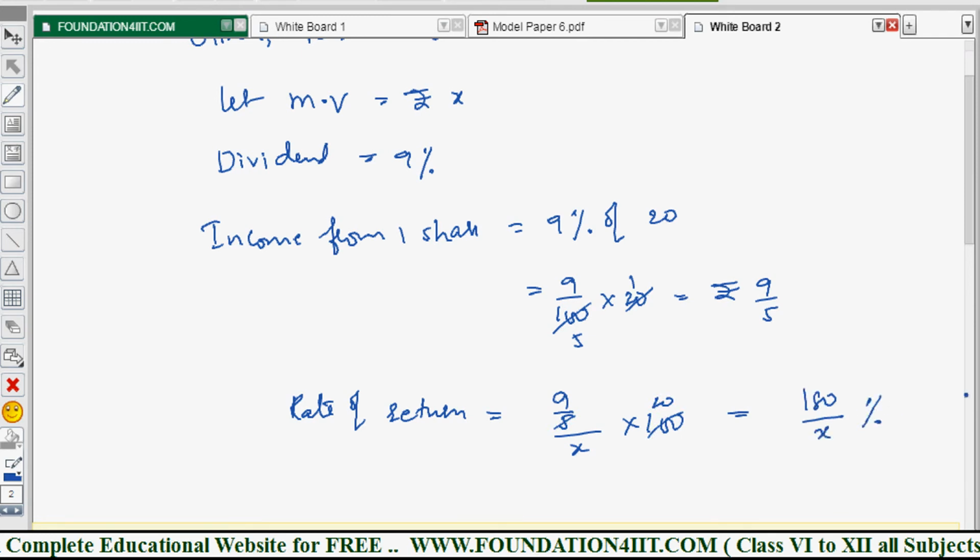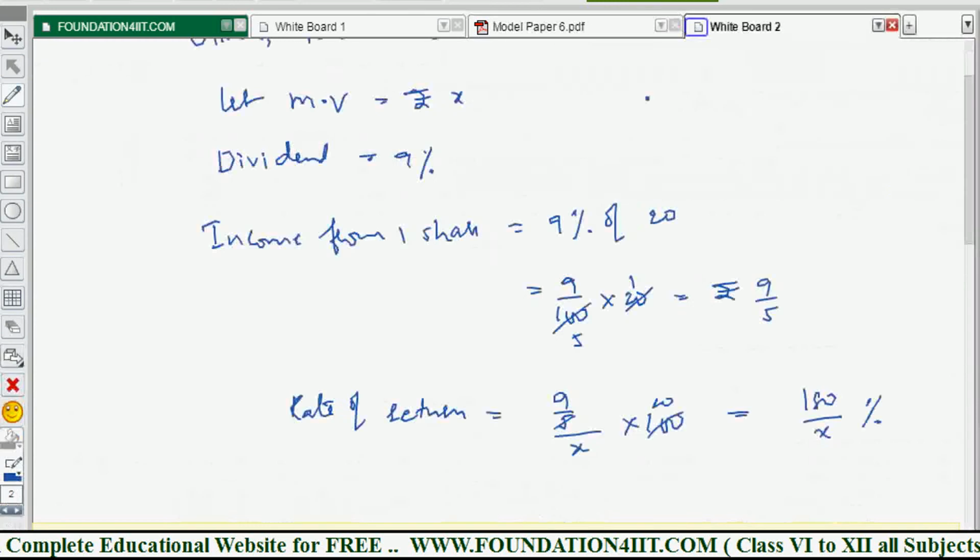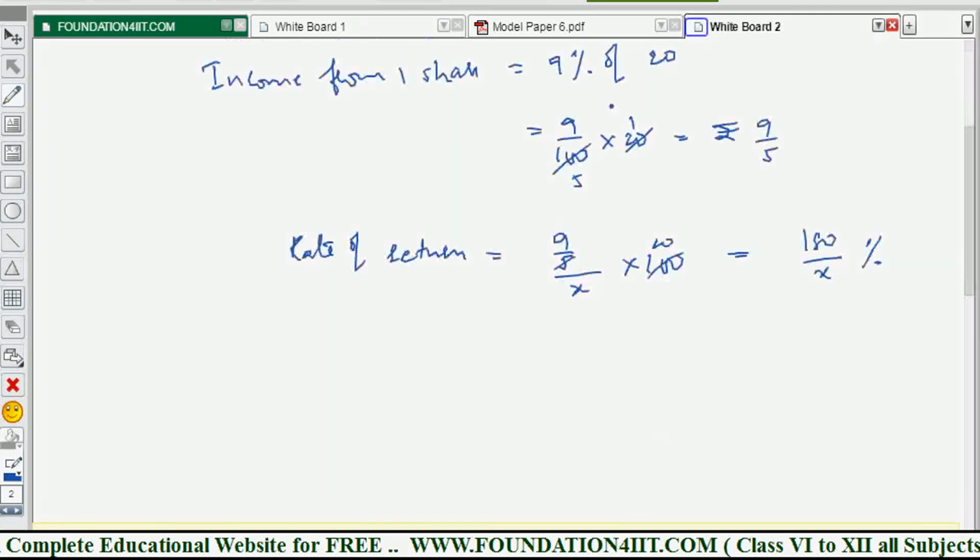This is the rate of return. But according to the question, the income is 12% on his investment, that is this value is equals to 12. So as per the question, 180 by x is equals to 12. From this, x is equals to 15. Therefore, market value is equals to rupees 15.